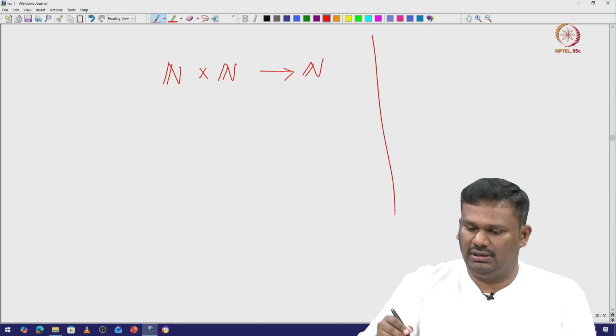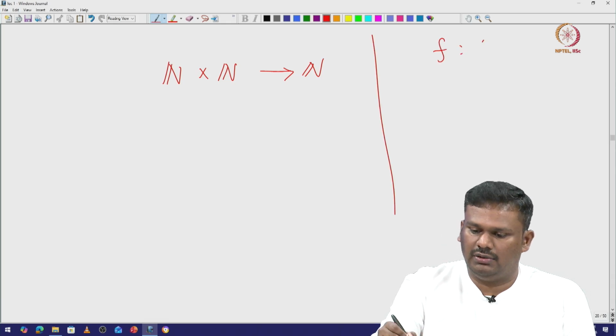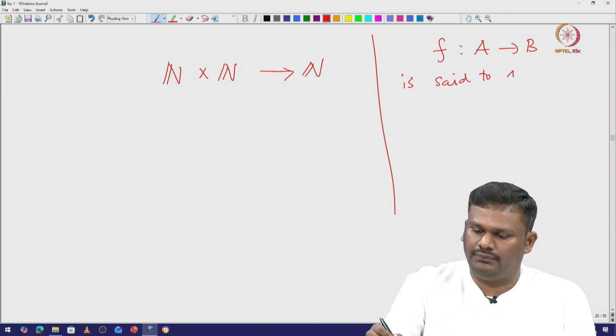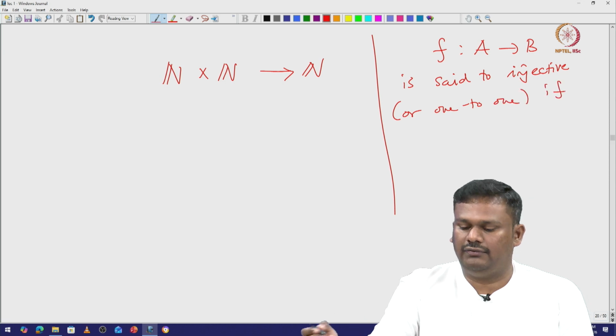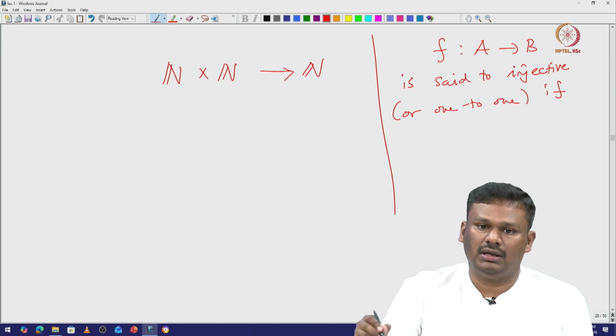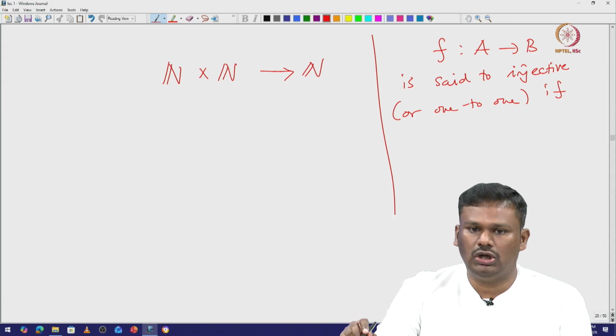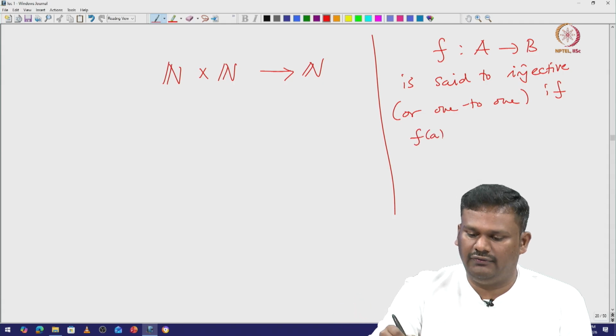So, let us define that a function from A to B is said to be injective or 1 to 1 if whenever you have f of a equal to f of b, that should imply that a equal to b.